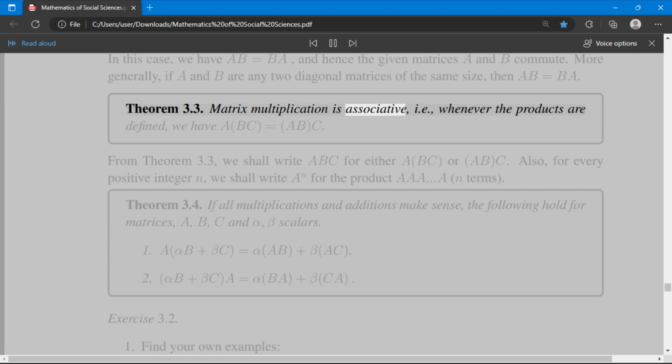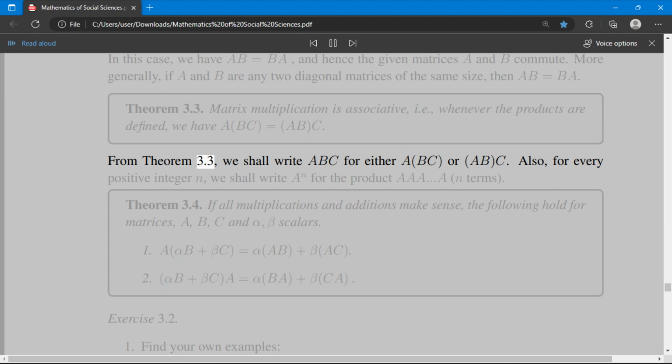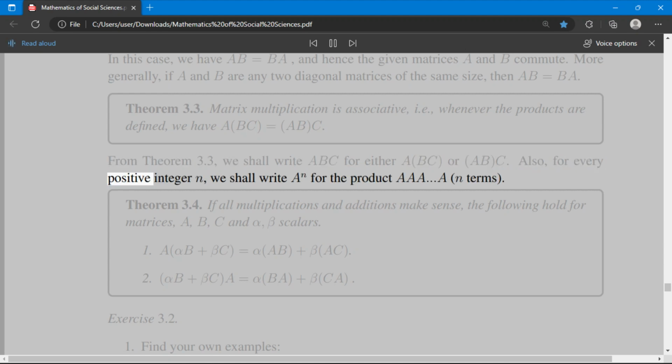Theorem 3.3. Matrix multiplication is associative, i.e., whenever the products are defined, we have A(BC) = (AB)C. From Theorem 3.3, we shall write ABC for either A(BC) or (AB)C.